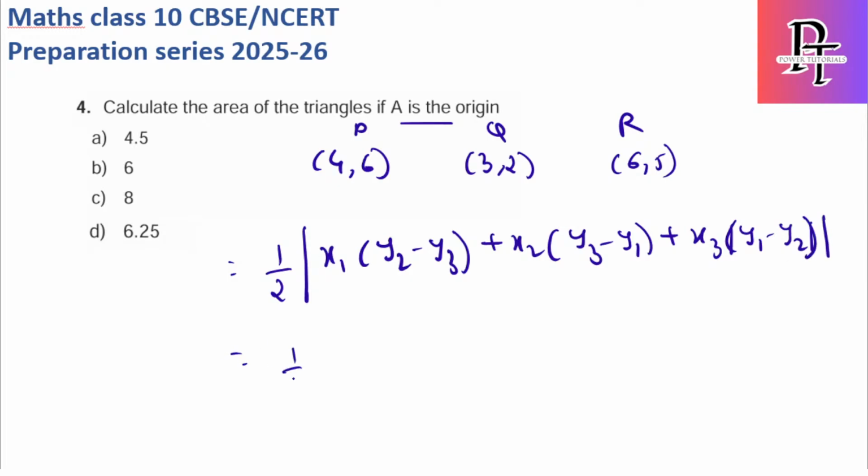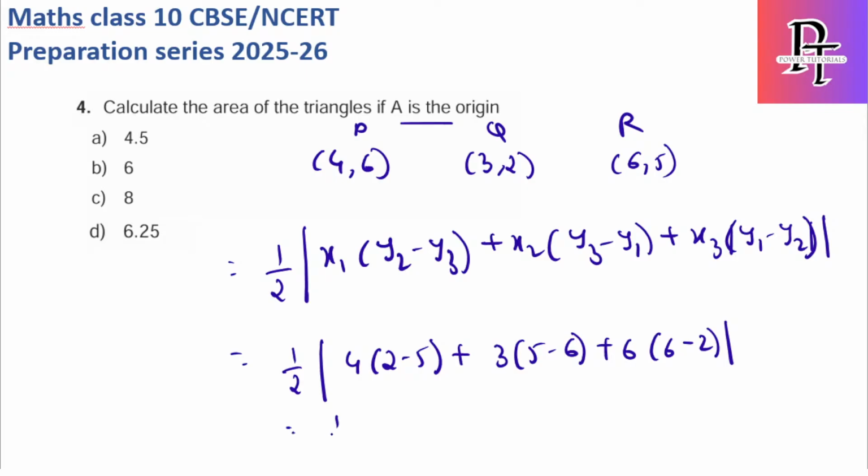So this becomes half into x1 is 4, (y2 minus y3) is 2 minus 5, plus x2 is 3, (y3 minus y1) is 5 minus 6, plus x3 is 6, (y1 minus y2) is 6 minus 2.